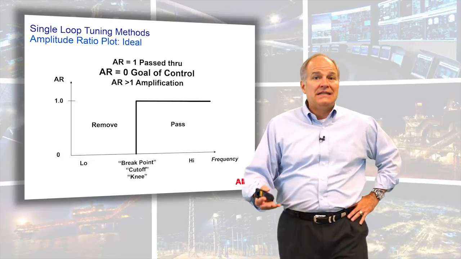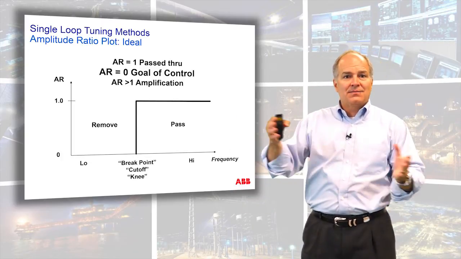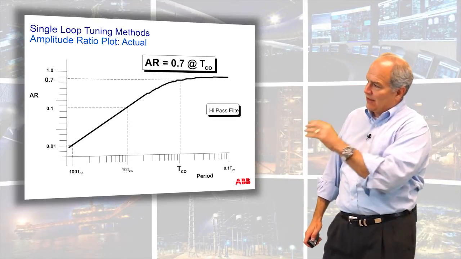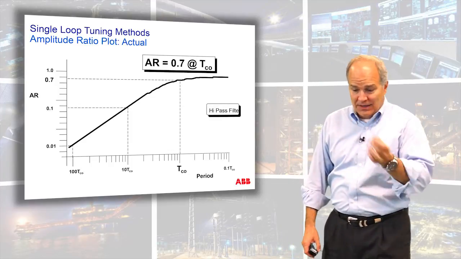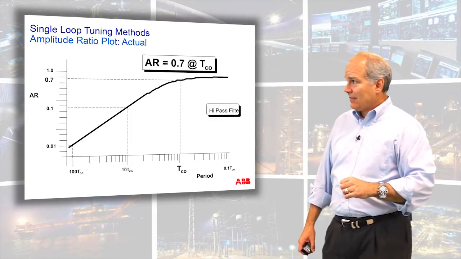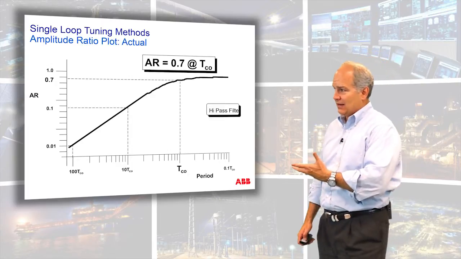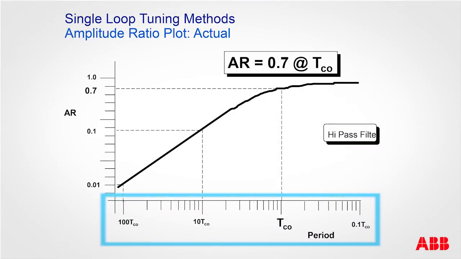That's just not reasonable in the world of first principles. There has to be a gradual change, and that gradual change looks like this. This is called a Bode plot, B-O-D-E, Bode plot. Right now I don't want to go into the math behind how this is calculated, but notice the scaling looks kind of funny. This is called a logarithmic scale.